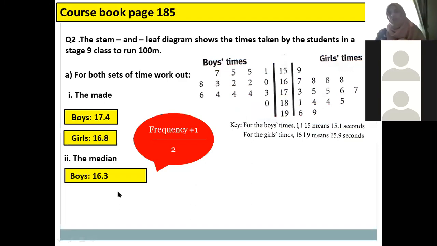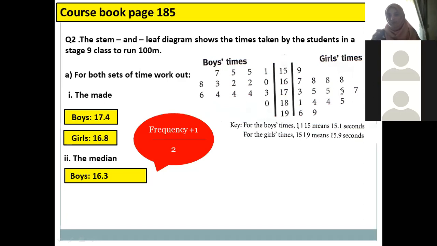That's the median for the boys, 16.3. That's great. Let's try for the girls. Count them: 1 2 3 4 5 6 7 8 9 10 11 12 13 up to 16. So 16 plus 1 equals 17, divided by 2 is 8.5, so it is between the 8th and the 9th. Let's find them: 1 2 3 4 5 6 7 8.